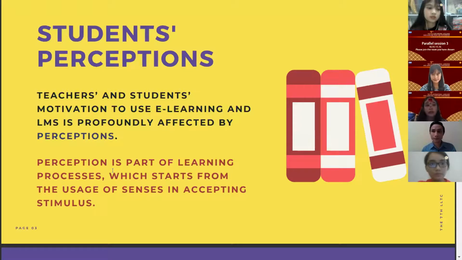So perception is a part of learning processes which starts from the usage of senses in accepting the stimulus. Before the COVID-19 pandemic, the usage of e-learning might be fun and exciting for students. Conversely, after a few months of using the e-learning method to replace the conventional learning, perhaps the students' perception, and also the teacher's, must be different.